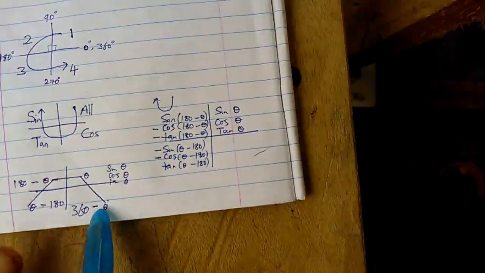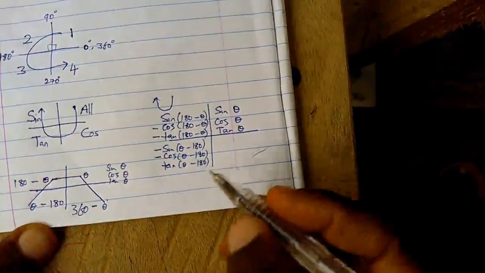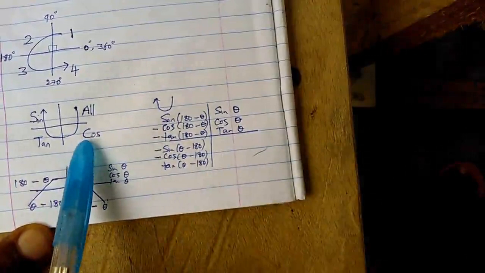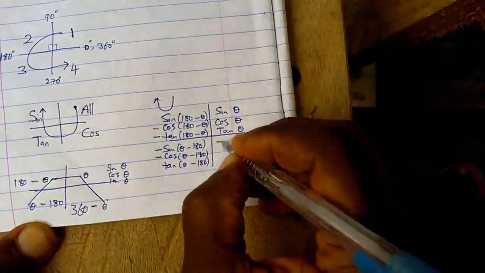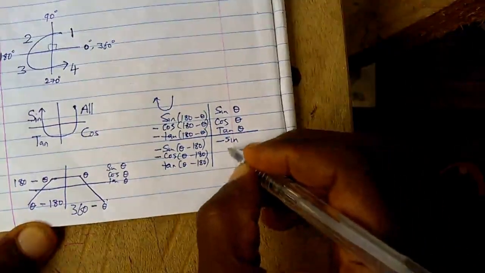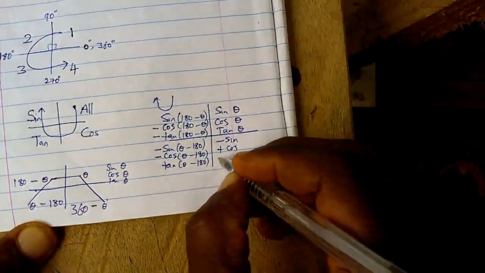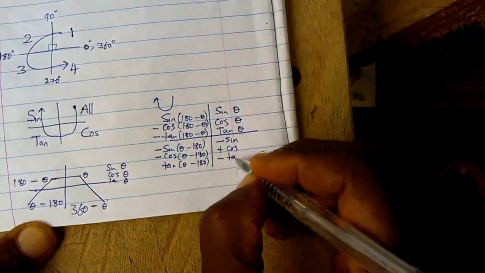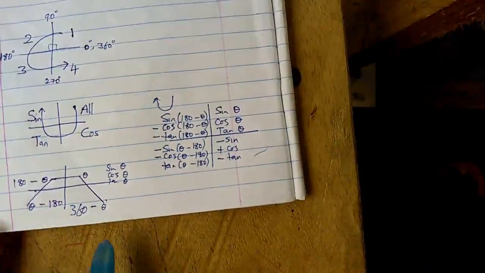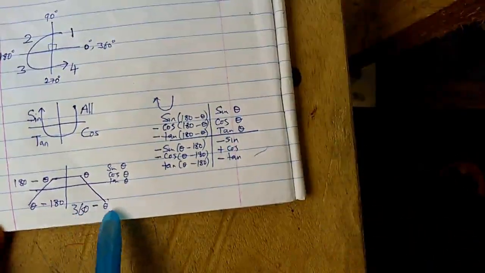Now the fourth quadrant, only cos is positive, so sine is negative, and tan is negative. Now, how do we undo the angle here?